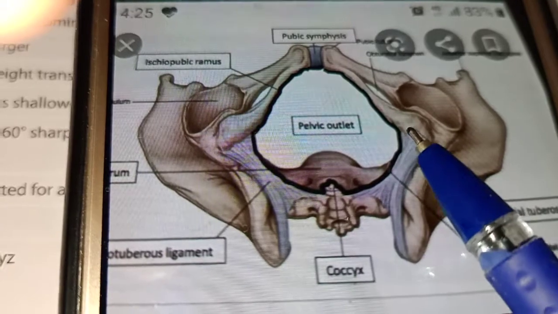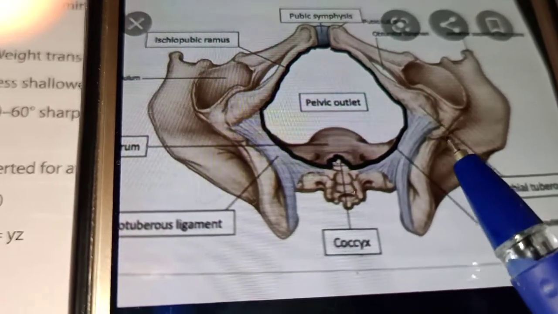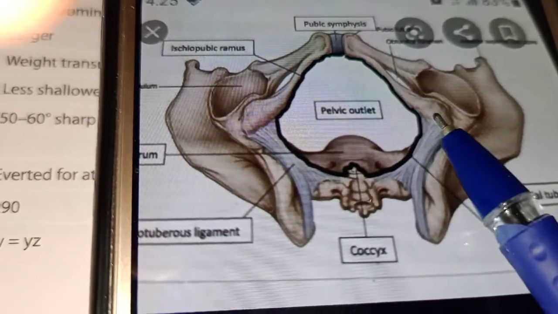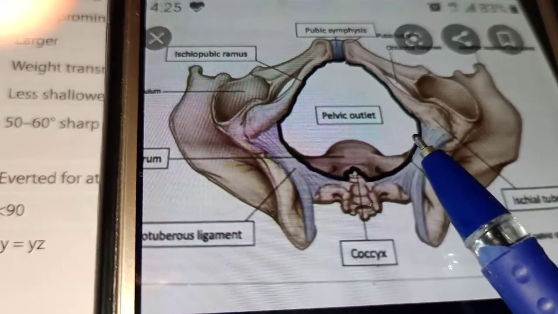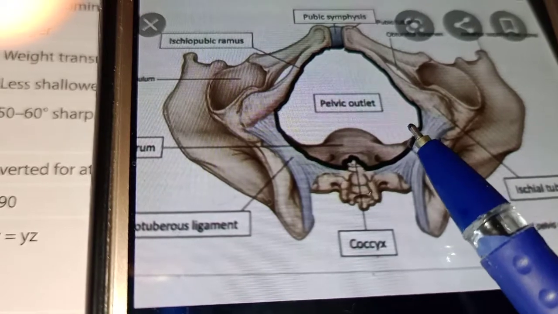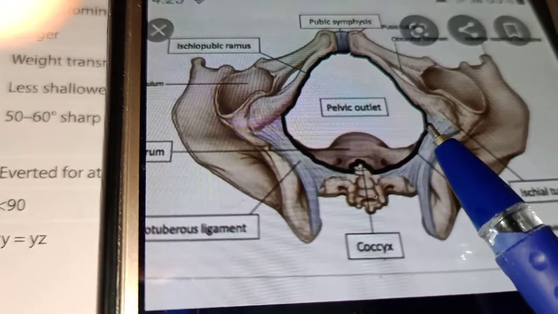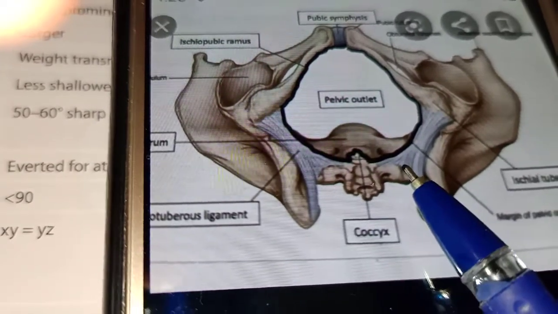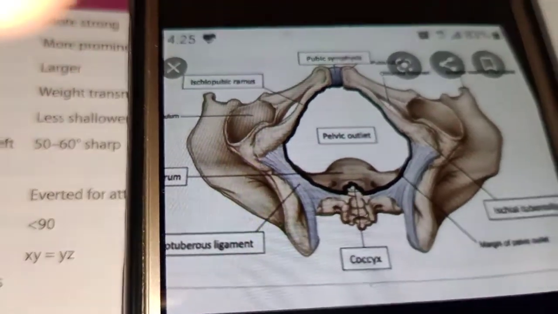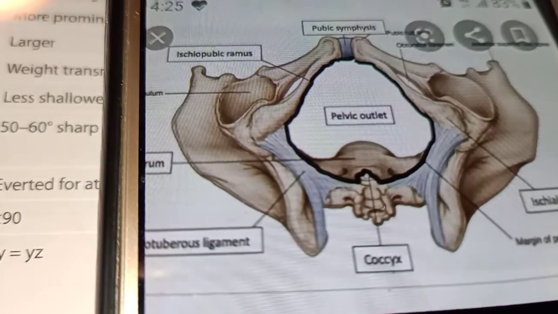You know this. Then the lesser sciatic notch, then the ischial spine, and the greater sciatic notch, and posteriorly the lateral margins of the coccyx. So this was about the pelvic outlet.